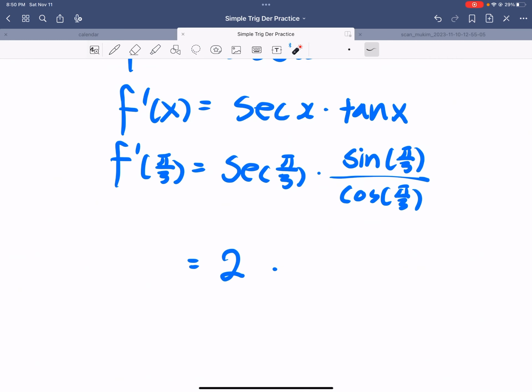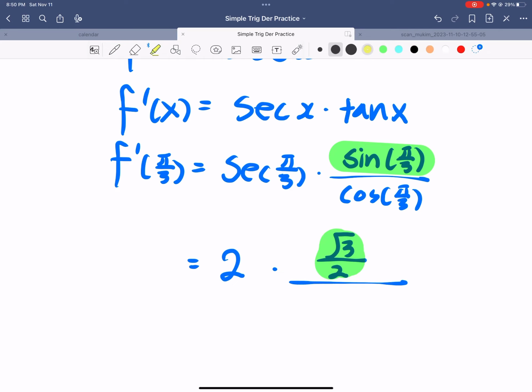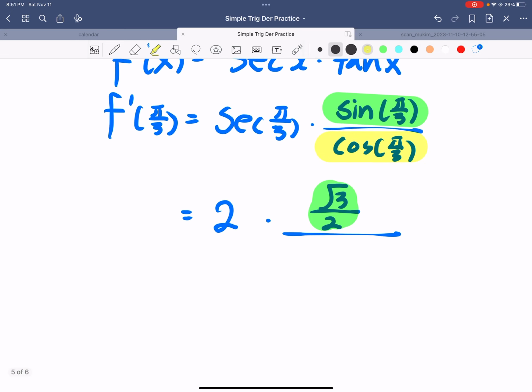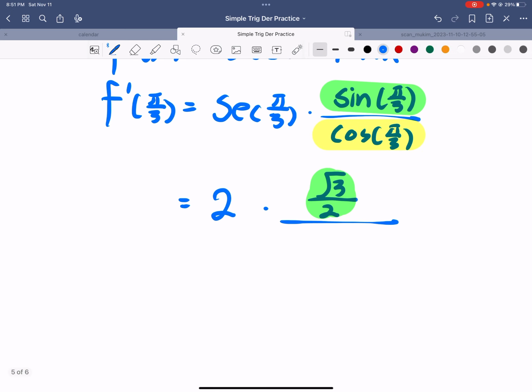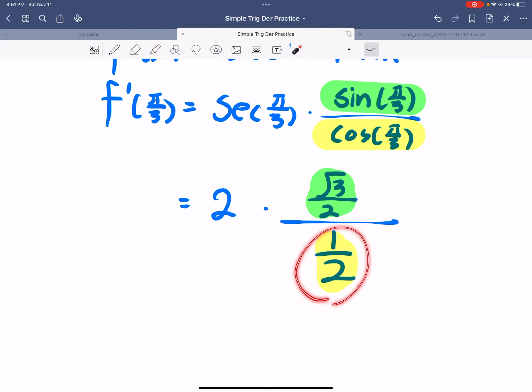So let me label this with green. It's gonna be square root of 3 over 2 over cosine pi over 3, which, as I said, is 1/2 here. The reason that it's 1/2 not 2 is because this one is for secant, not cosine.